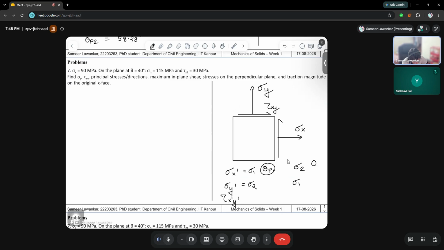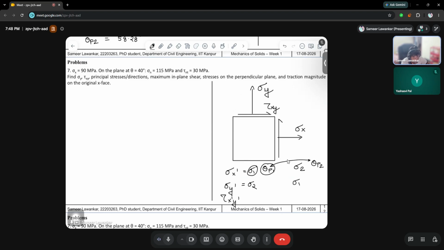We denote that as theta p2. First thing. Next, we found that theta p1 and theta p2 are interrelated to each other. Third thing is that sigma 1 is always greater than sigma 2 on the number line.